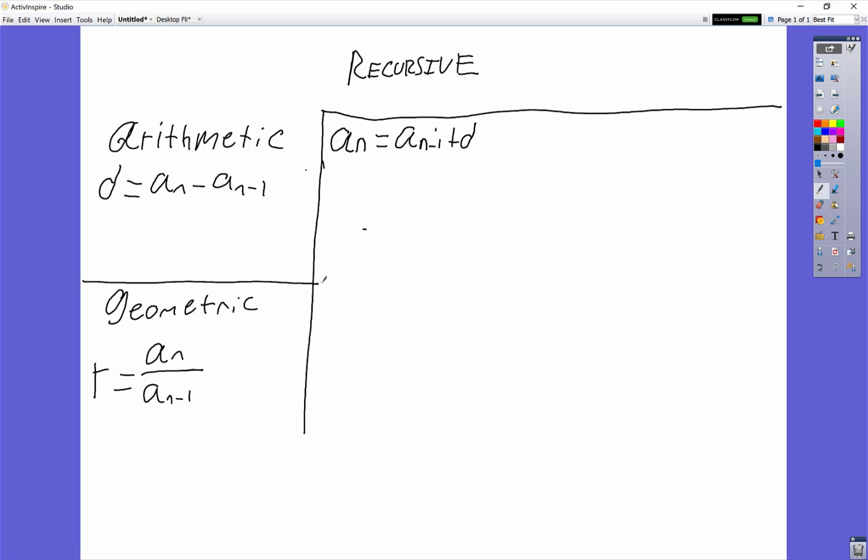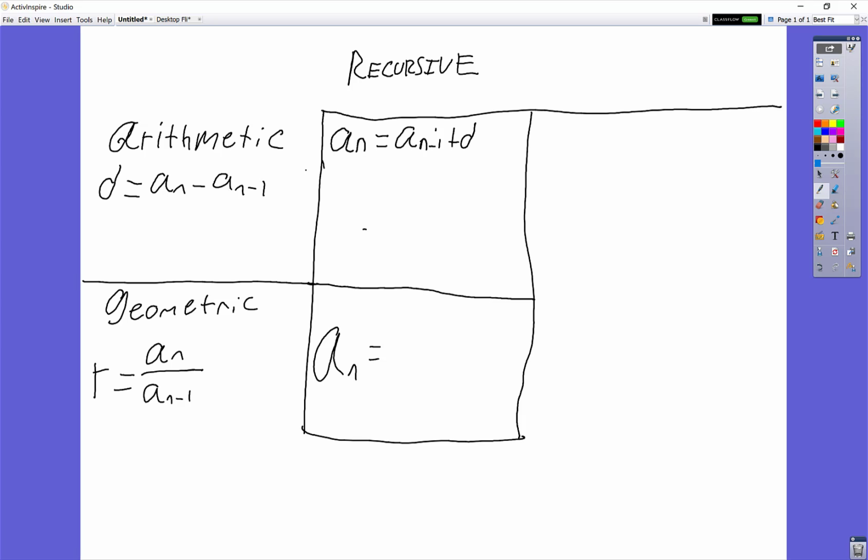And so the recursive form of a geometric sequence is going to be an is equal to an minus 1 times r. Each term is equal to the previous term times the common ratio.